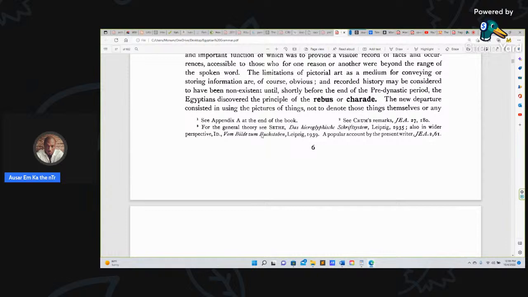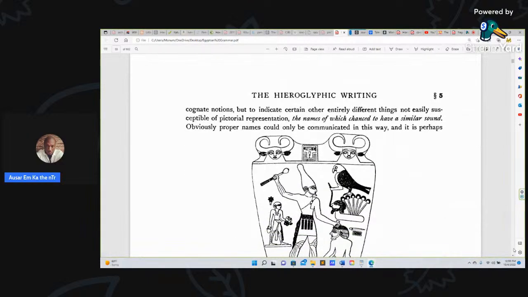For the general theory, see Sethe, Das Hieroglyphische Schriftsystem, Leipzig. See Crum's remarks in the JEA. And also in wider perspective, see von Bissing, Leipzig, a popular account by the present writer in the JEA, 261, just for your info.